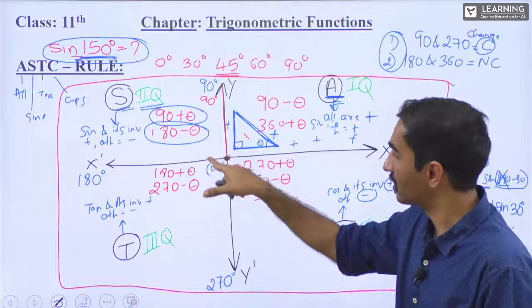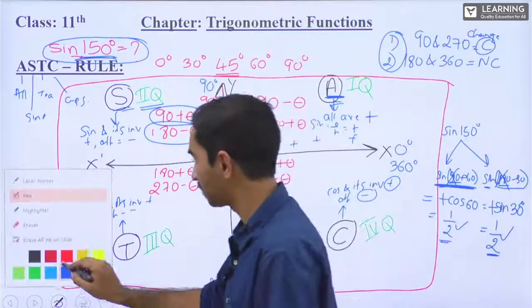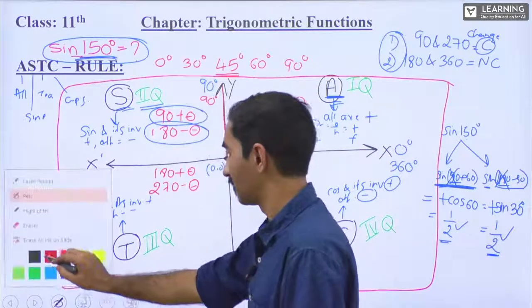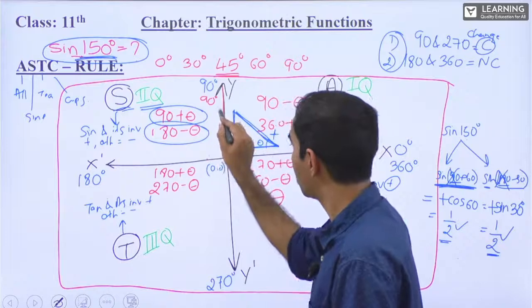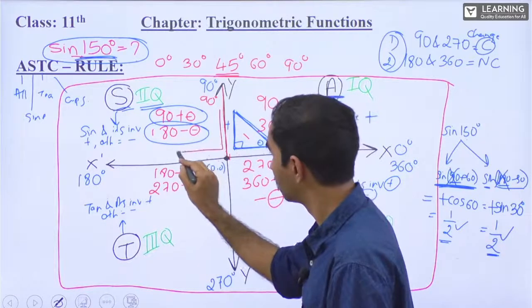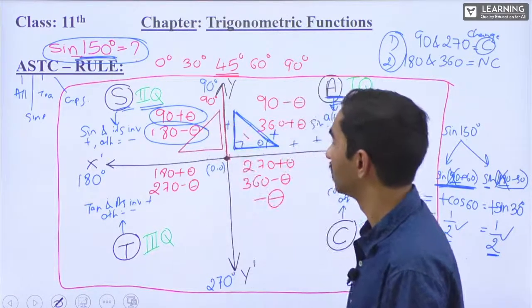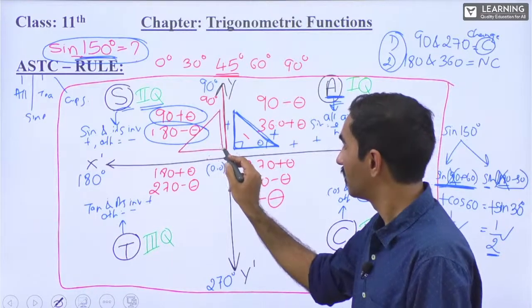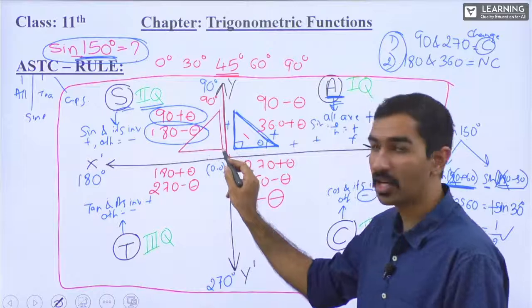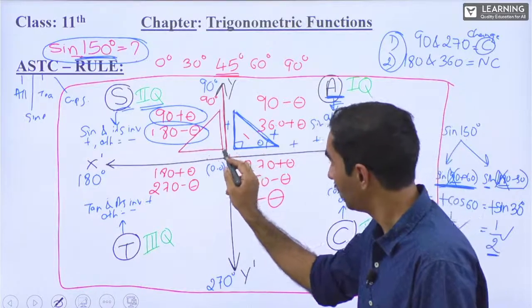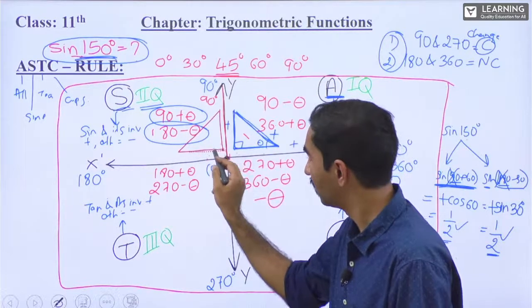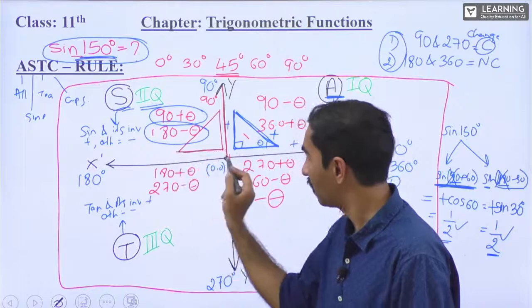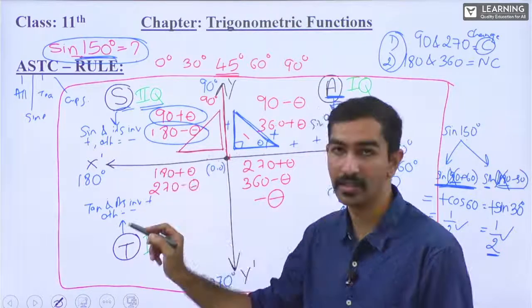Now see this, students. On this side, we'll change the color. Okay, so we'll draw the triangle like this. What is this, students? Origin 0, 0, but we are going to the left of origin. Correct? From origin we are going to the left side.